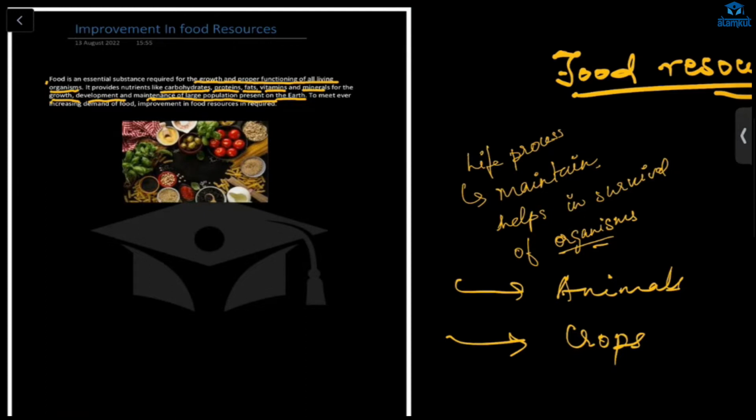Can anyone tell? Ma'am, because the population is increasing, but the resources of food are decreasing. Yeah, the population is increasing, but the resources are the same. Because of that, there should be improvement in food resources.